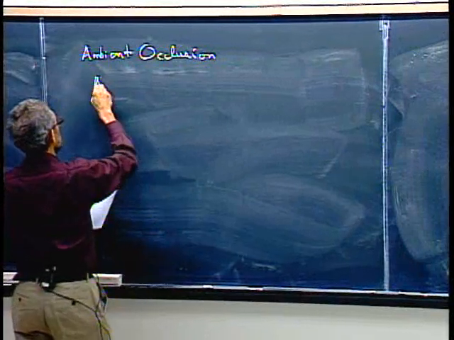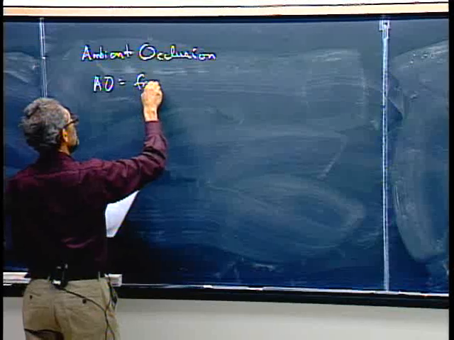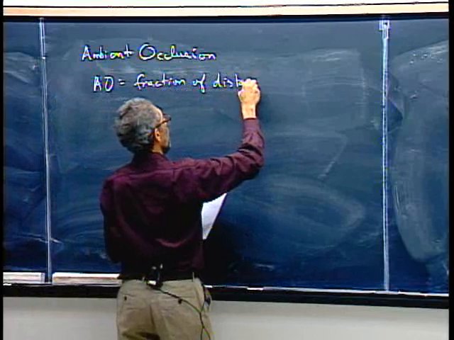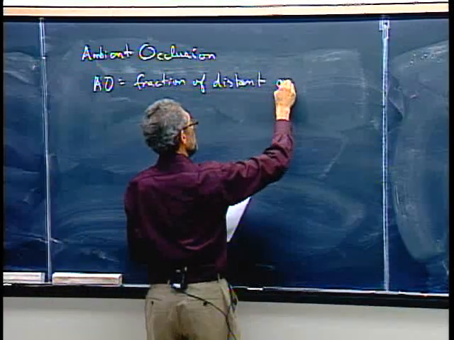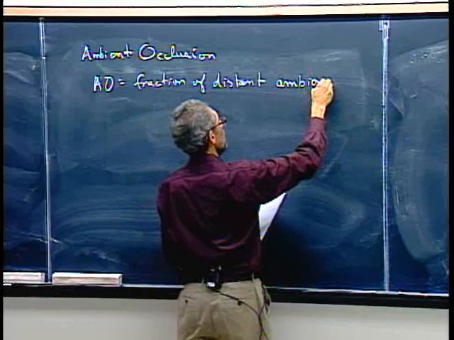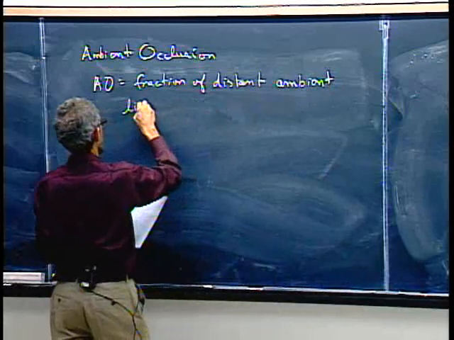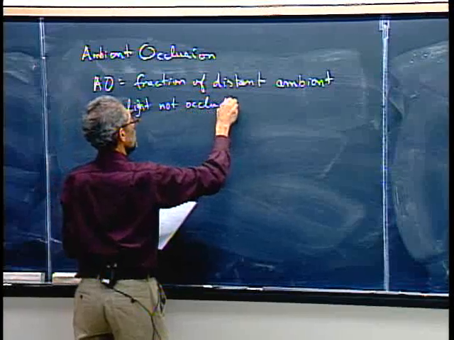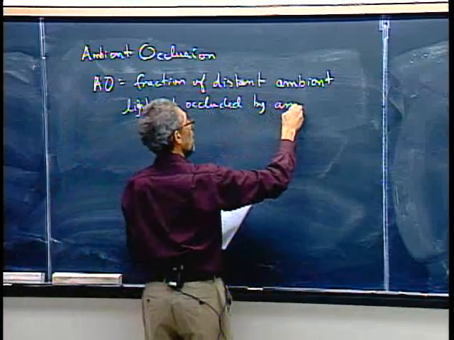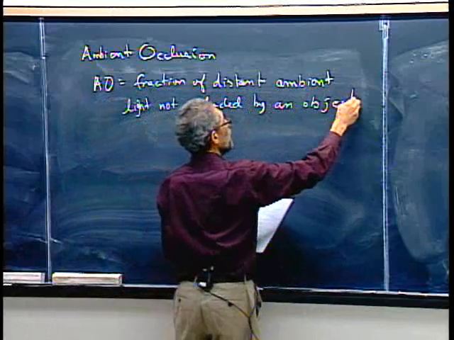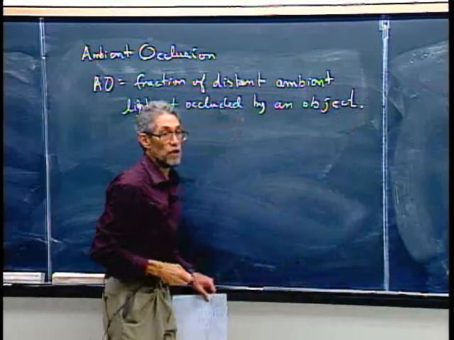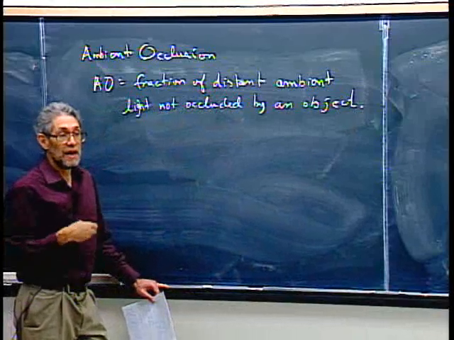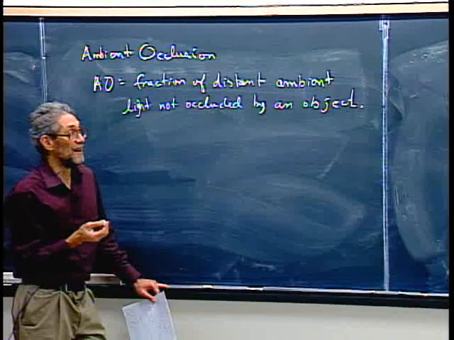What it is, is the fraction of the distant light, or ambient light from all directions, not occluded by the object. So we can compute the ambient occlusion for each object in the scene separately as a precomputation, maybe store it as a texture, and then get the ambient component from it.